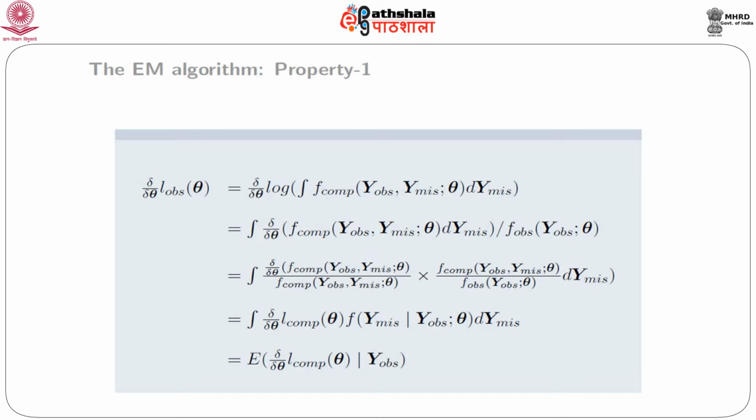So, this comes out to be the density of y missing conditional on y observed and theta, and this entirely is being integrated out with respect to the missing value, which in turn can be written as the expectation under theta of del theta of the log likelihood of the complete observations, conditional on y observed.